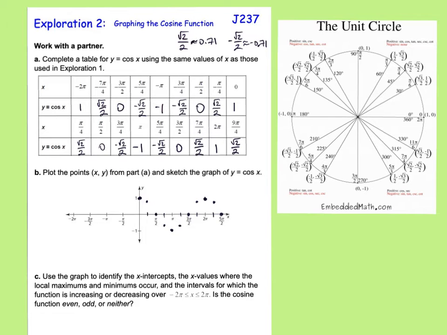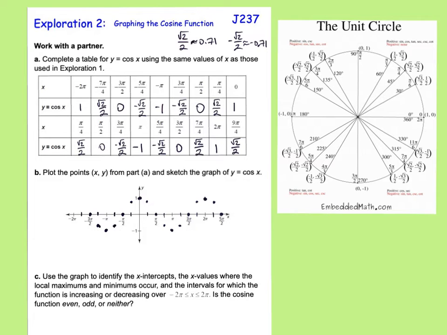Now we are moving in the negative direction, so I'm going to start again from 0, 1. So it's root 2 over 2, which is 0.7. Then we move to 0. Then we move to negative 0.7. Then negative 1, negative 0.7, 0.